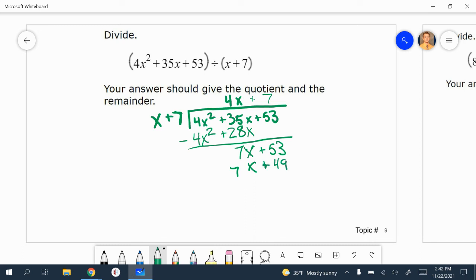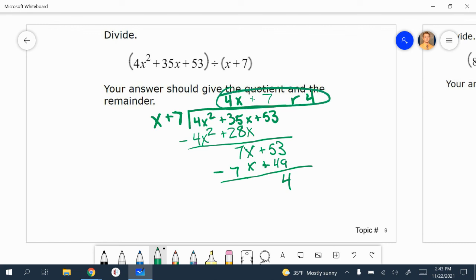So that 49 would go there. Oops, not plus. That's going to be a minus. We always subtract. And then the 7x's would cancel out. When I subtract 53 minus 49, I get a 4. So basically, this one will have a remainder of 4 because we have nothing else left. So our answer on this is right there.